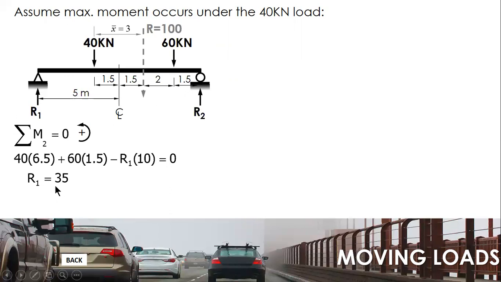And we have R1 equal to 35. Another option here is, instead of individual loads, you take moment like 40 times 6.5 plus 60 times 1.5. You can also use the resultant instead of individual loads. So you replace these terms by the resultant, 100 times 3.5 minus R1 times 10.